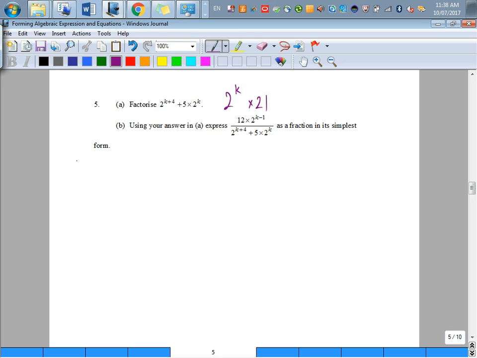So the numerator doesn't change. So 12 times 2 to the power k minus 1 divided by, the denominator is exactly the same as part A, right? So we replace that with 21 times 2 to the power k. What? Yes, say again.